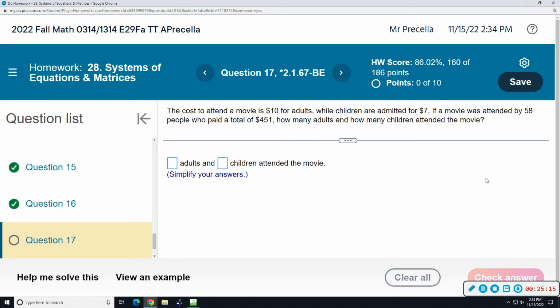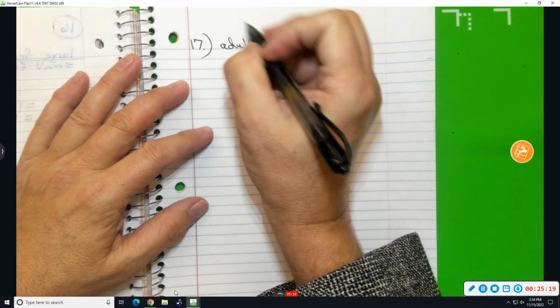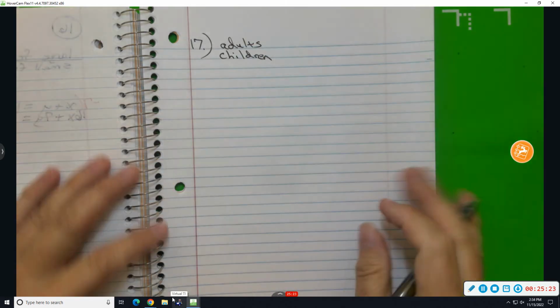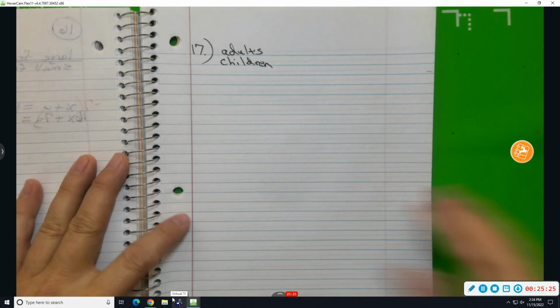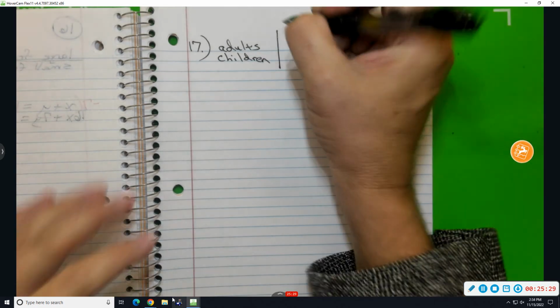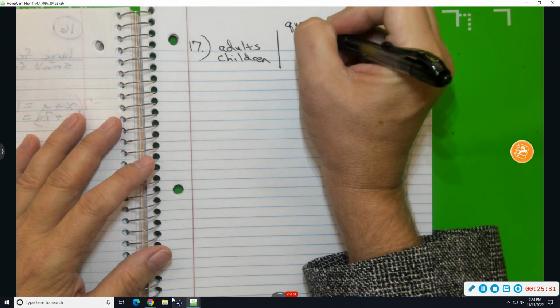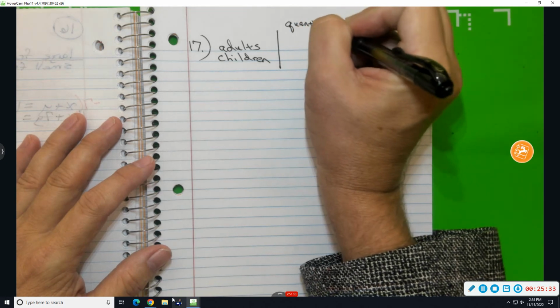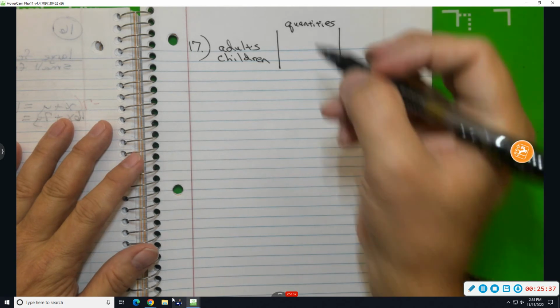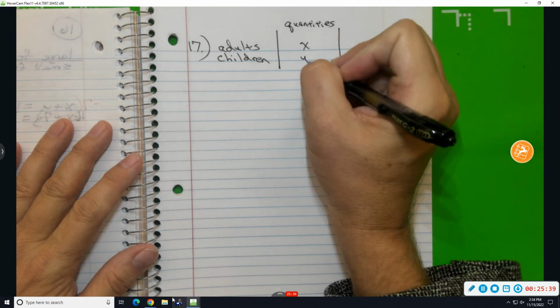So I'm going to switch it to adults and children, and those are the unknowns. I don't know why I'm using quantities. I could just say how many and label them X and Y.